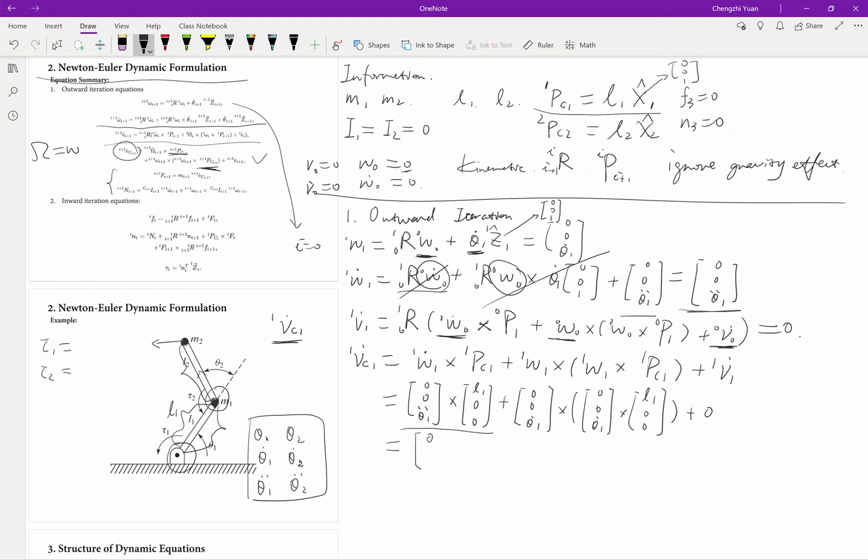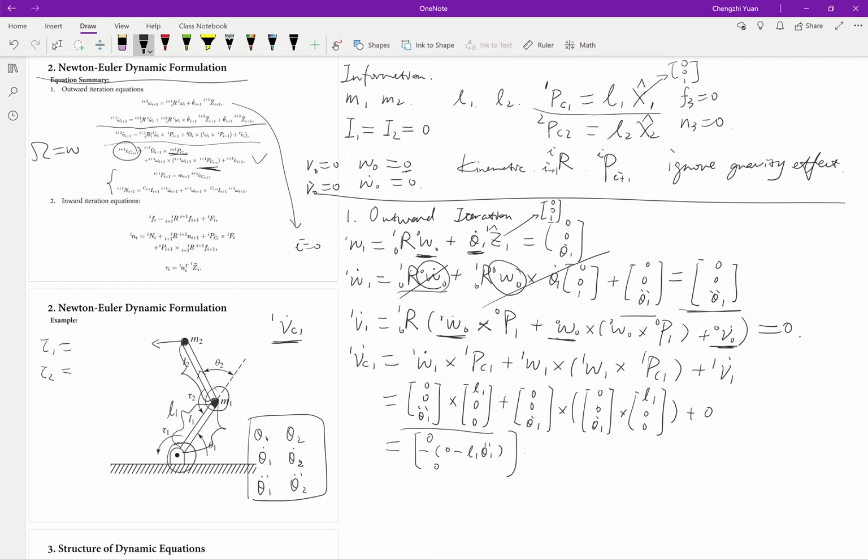So it would be 0 times 0 minus L1 times theta 1 double dot, and don't forget the negative, so negative of 0 minus L1 theta 1 double dot. The last element, ignore the last row, do the cross product, equal to 0.